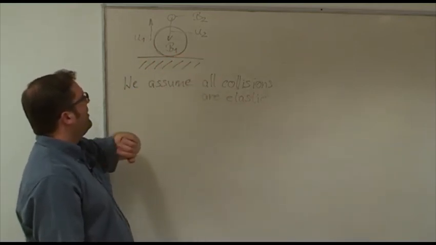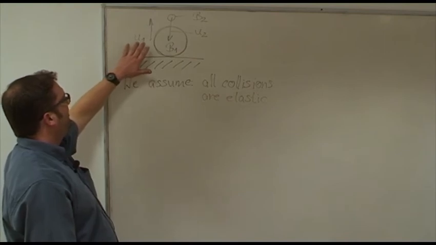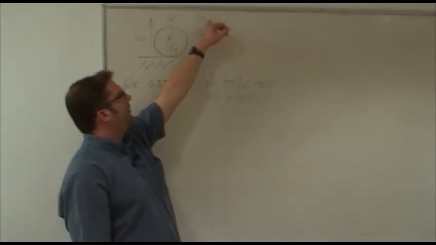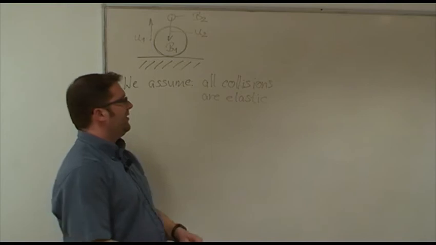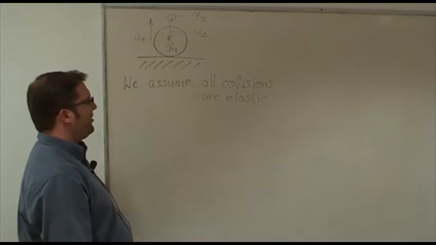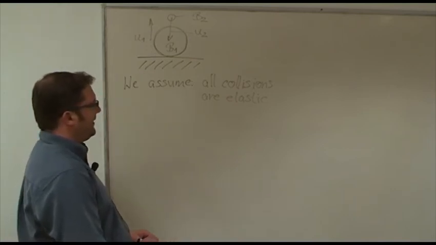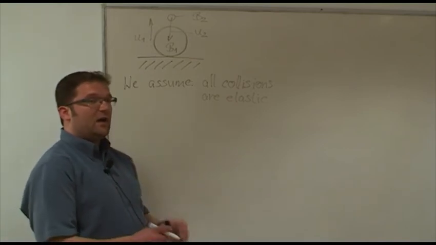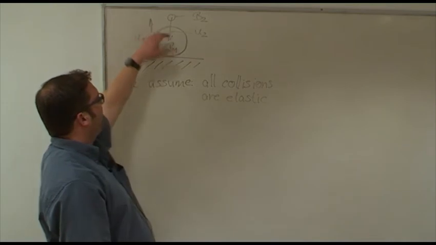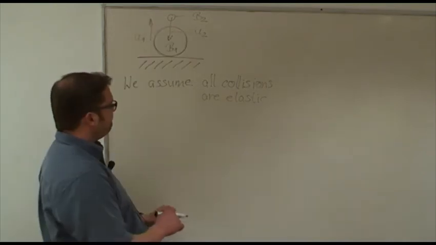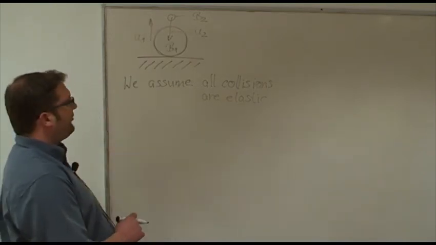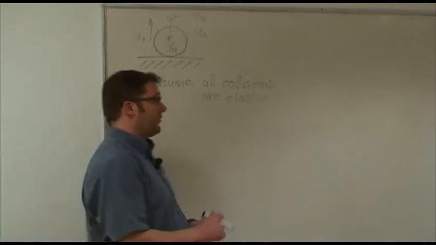I call the lower ball B1 and its velocity will be u1. I call the upper ball B2 with velocity u2. And like I said, I want to assume that the balls are very bouncy and all collisions are elastic. I want to find out the velocities after the collision of B1 and B2. So first we have to establish the velocities before the collision.